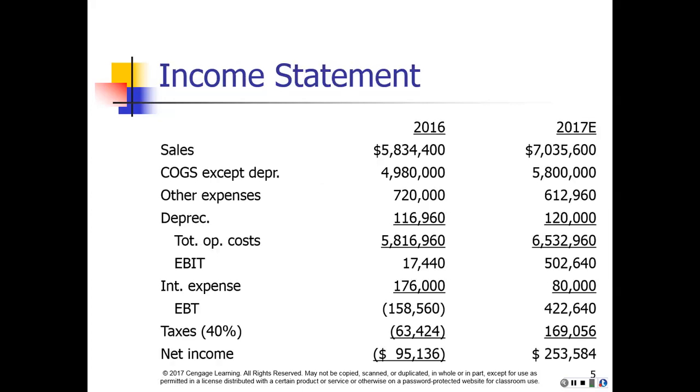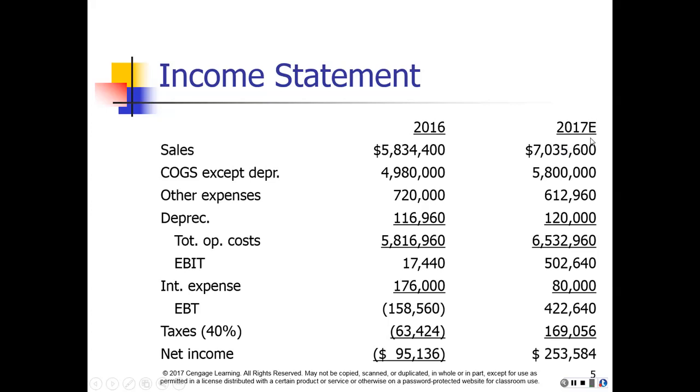And of course, these are the values given to us in the case. The sales, we already had 2015 and 2016 values last time. And now we have 2017 expected values. That's basically because at the time this was created, the year 2017 had not ended yet.